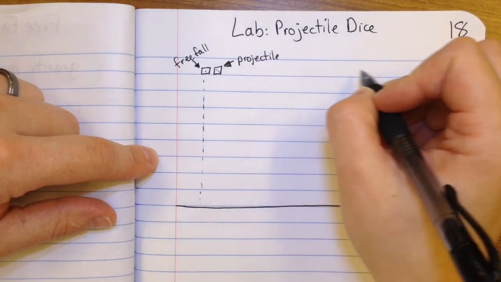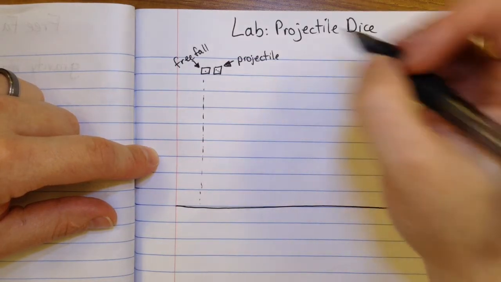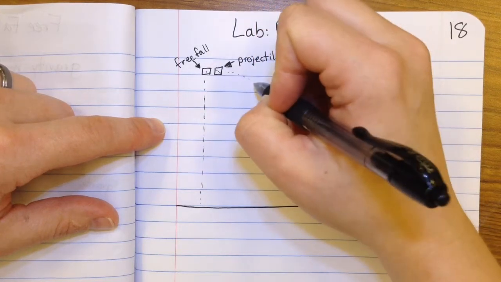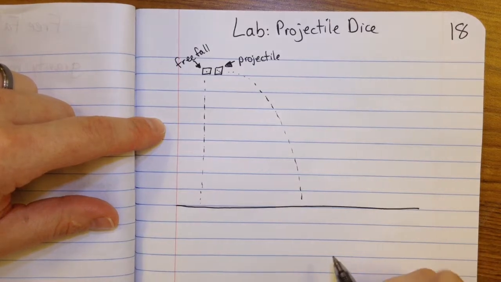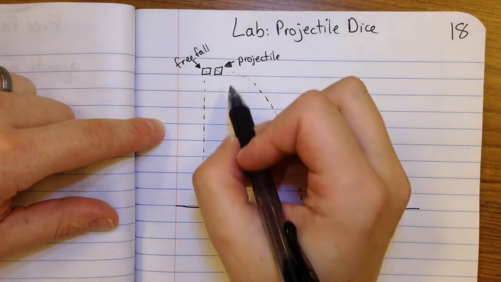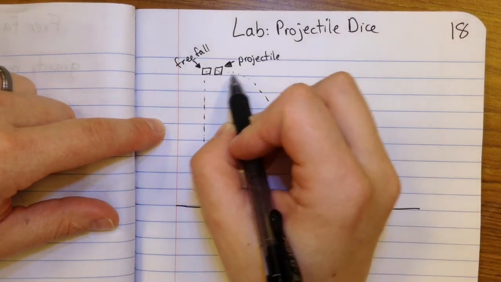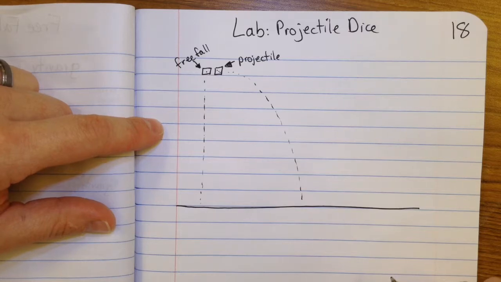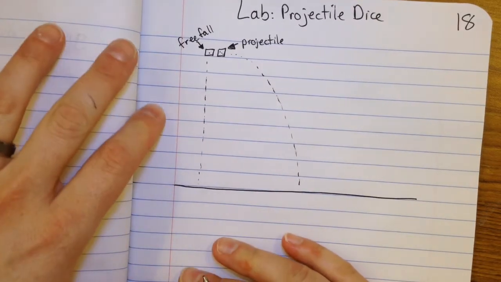No, an arc. It depends on how hard you get it going. If I hit it even harder, it would come out like that, and even harder, but it would still have a curve to it. That is the shape of projectile motion.